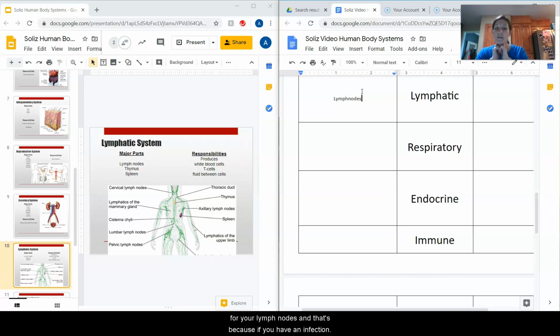That's because if you have an infection somewhere in your body like strep throat or earache, then those lymph nodes are going to get swollen because they're producing more liquid, and there's more immune cells like white blood cells. Because it's producing white blood cells to go fight that infection, these will actually get sore. You have major lymph nodes in your armpits, and you also have them between your thighs. And so those are your lymph nodes.